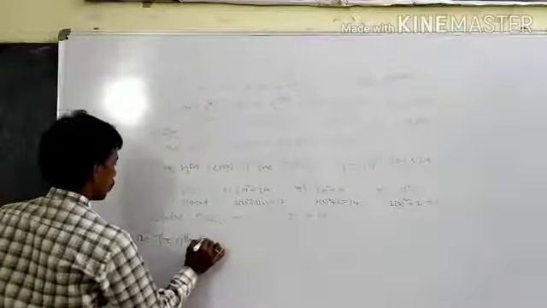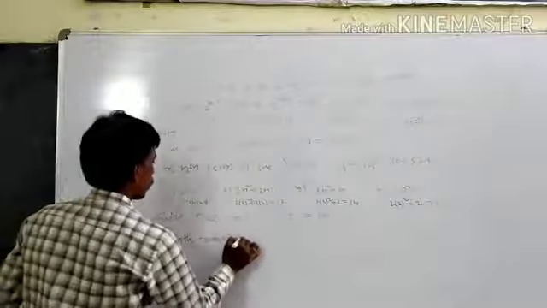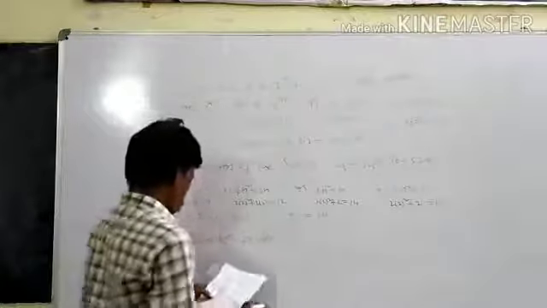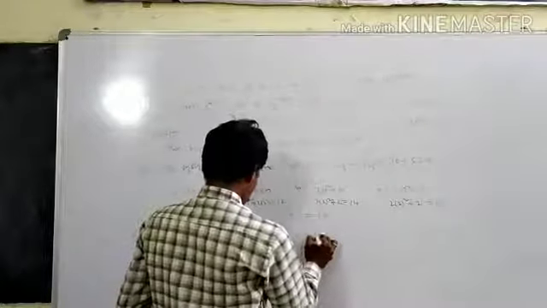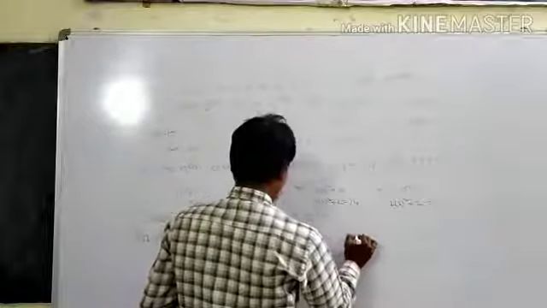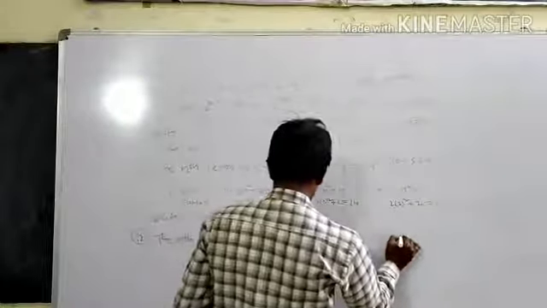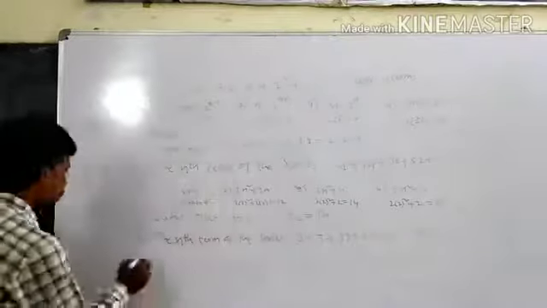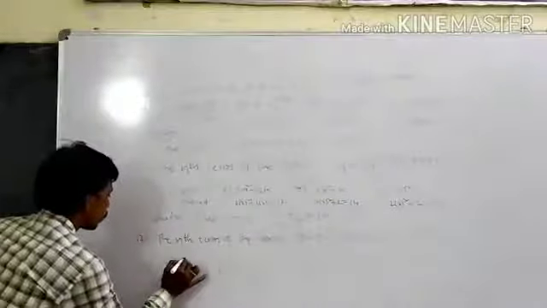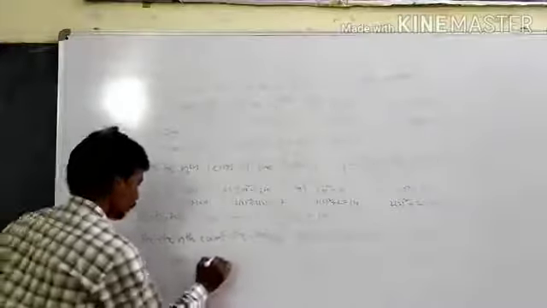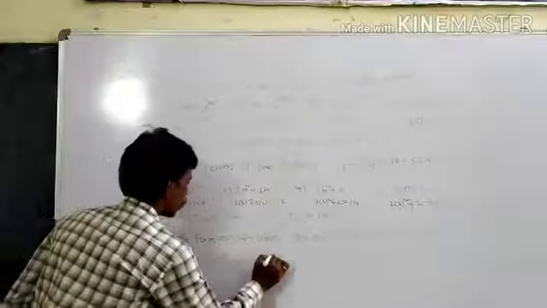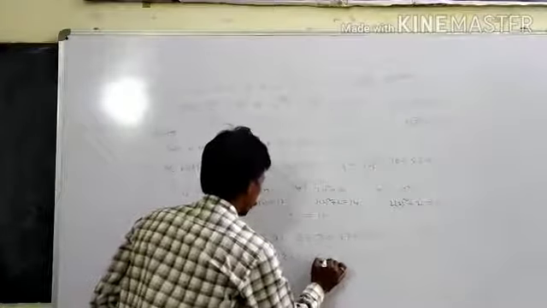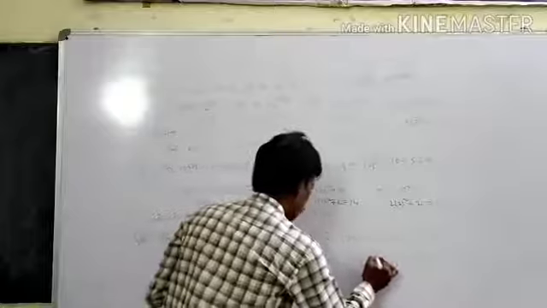Now the 12th one. The nth term of the series 3 plus 7 plus 13 plus 21 plus so on is: first option 4n minus 1, second option n square plus 2n, third option n square plus n plus 1, fourth option n square plus 2.